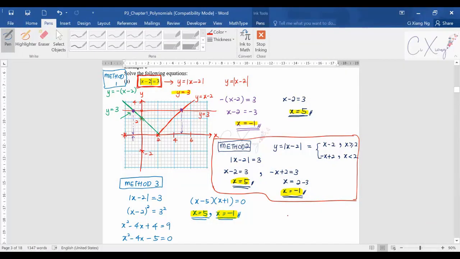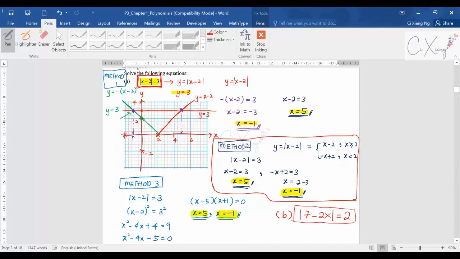For example 1B, you solve it yourself. The question is modulus 7 minus 2x equals to 2. If you look at the pattern, it is very similar to the pattern for part A. So the best method you can use is still method number 2.